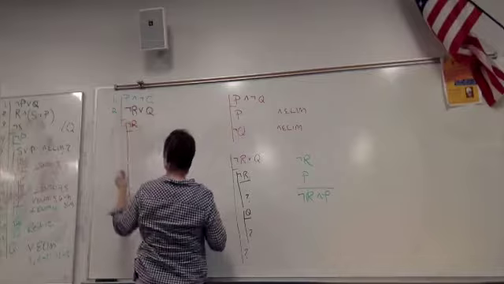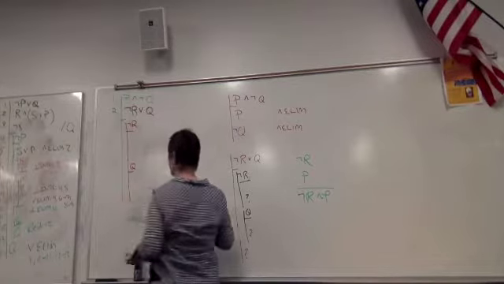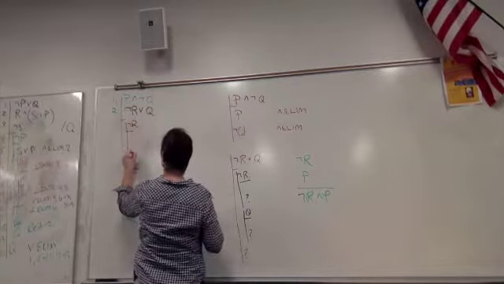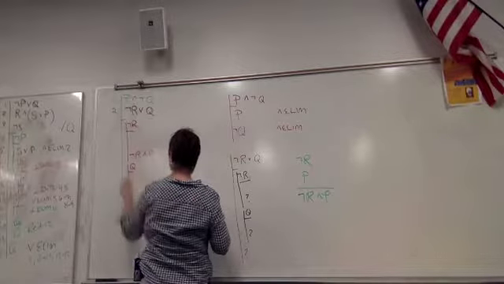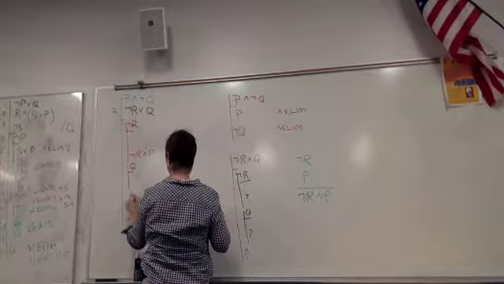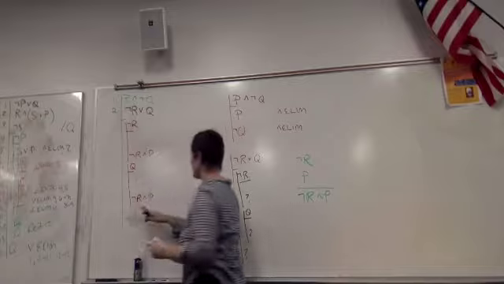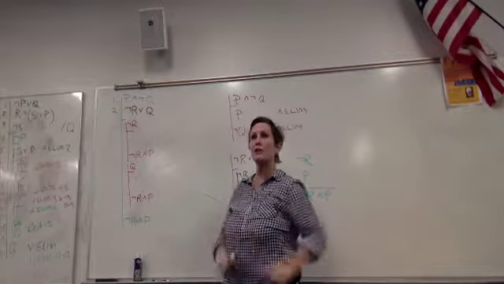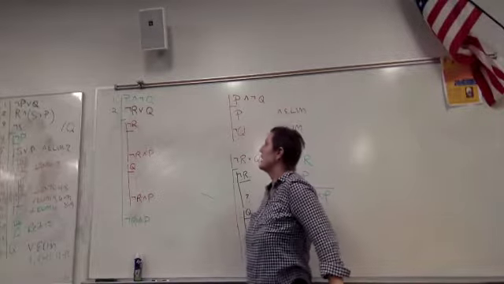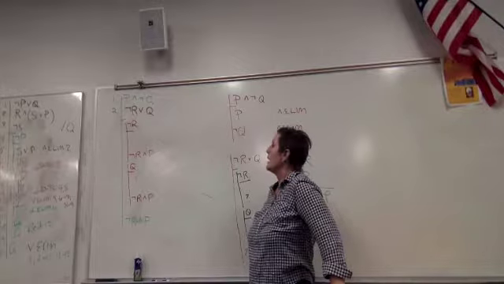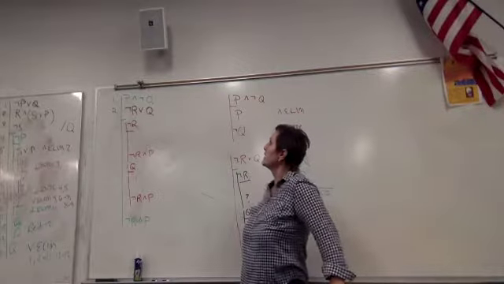Not R, Q, what do I want? Not R and P. So I can get out of my disjunction elimination subproof and say I've got not R and P in either case.